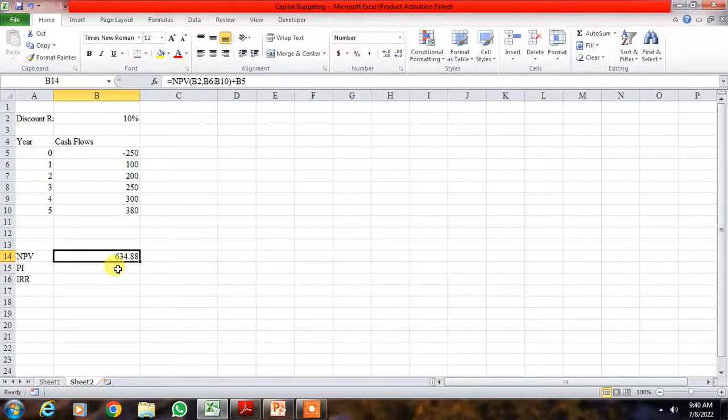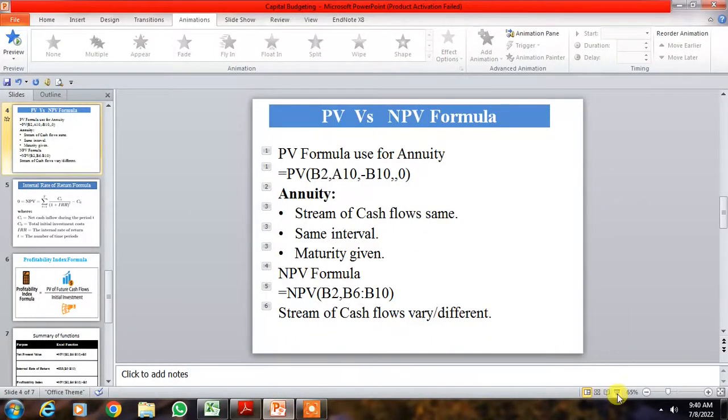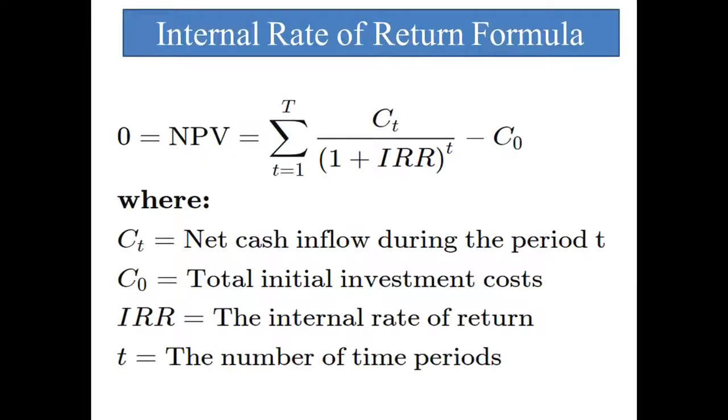Hopefully you learned it. Now the second task is the acceptance criteria of the NPV: if the value of the net present value is positive, meaning greater than or equal to 0, we accept this project. Similarly, the profitability index is the same concept, but it gives us the result in ratio form.